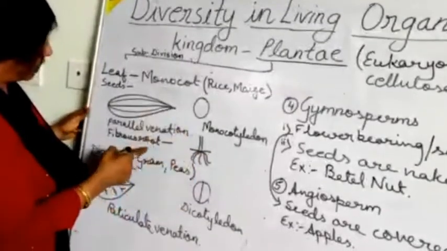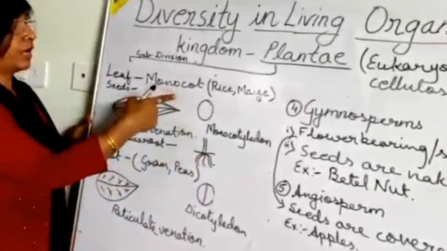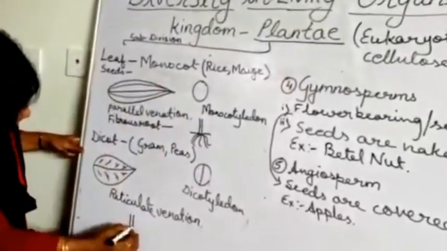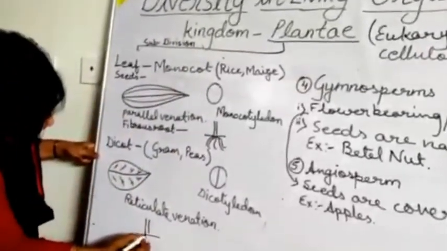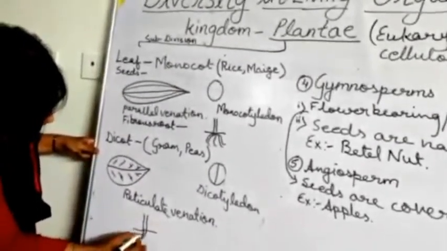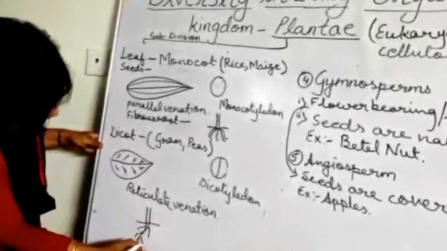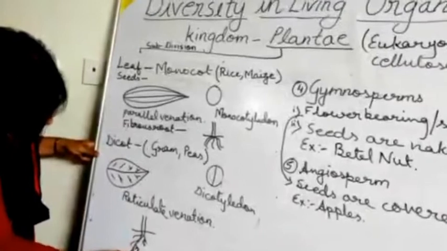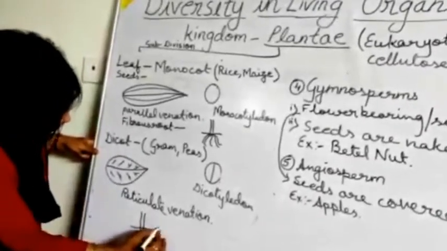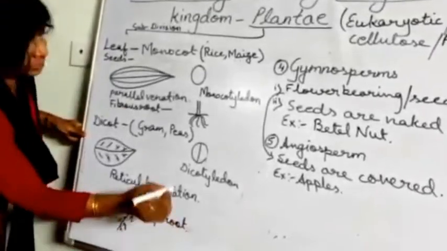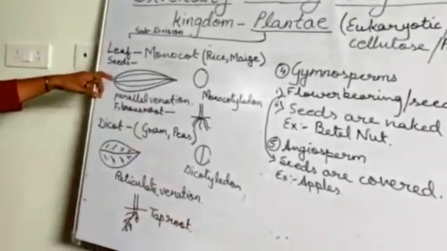That one we call a fibrous root, which we find in a monocot. And here in the dicot, if this one is the stem and this one is the root, which we call a primary root, then come the secondary roots, and then the tertiary roots. So we call it a tap root.